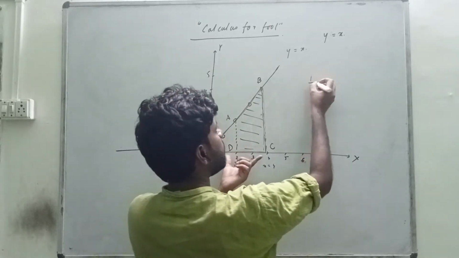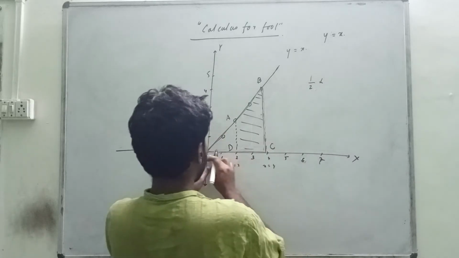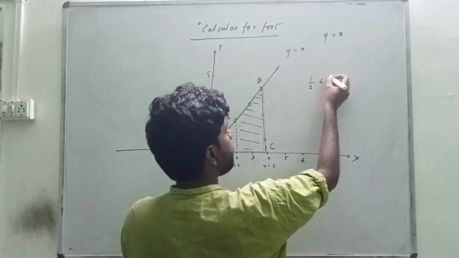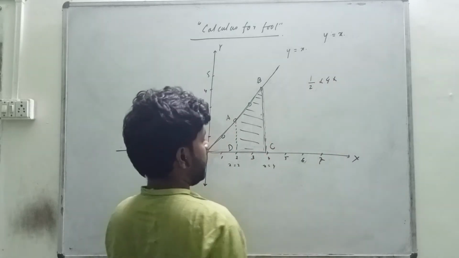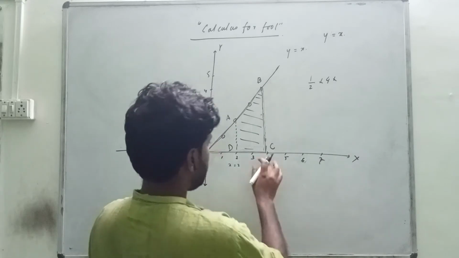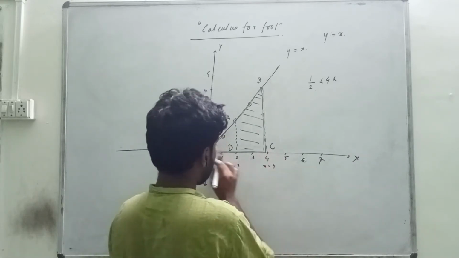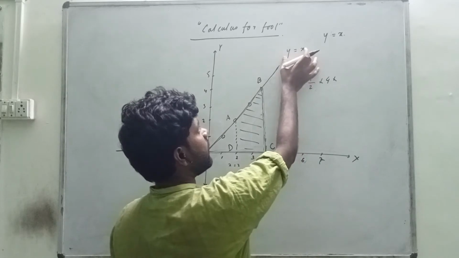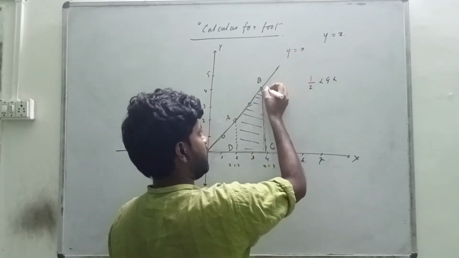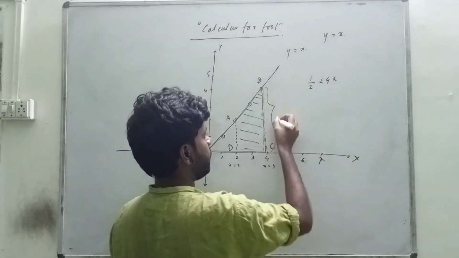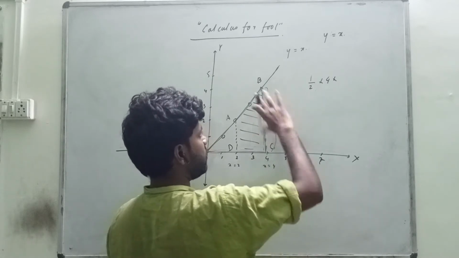Half into base, which is 4. And what is the height? If x is 4, then according to the relation y equals x, obviously the height is 4, because it's the y.